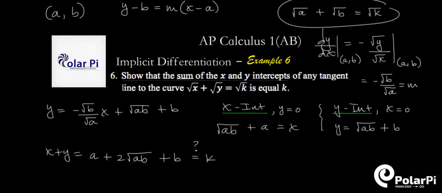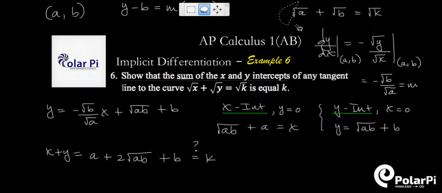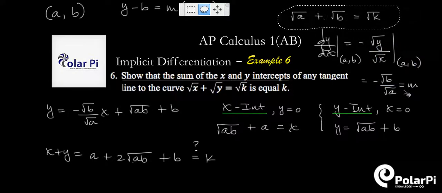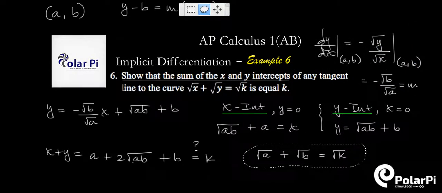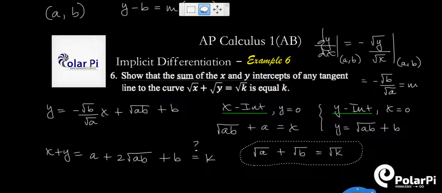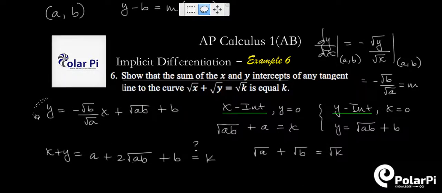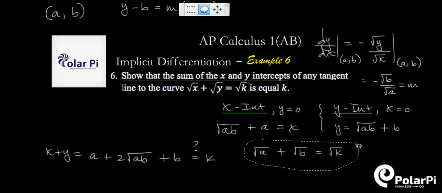And how are we going to do that? What about this? We said that if the point a comma b is on our curve, then it must abide by this equation. Now, let's bring this equation down and square both sides of the equation. And that's the only way we can get k out of it anyway, right? Okay, and actually, since I don't need the space here, let me get rid of that and slide it up there.